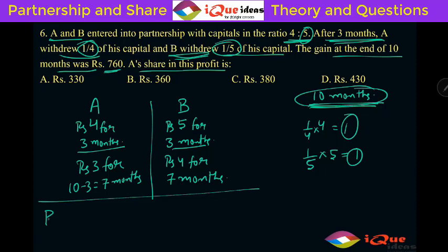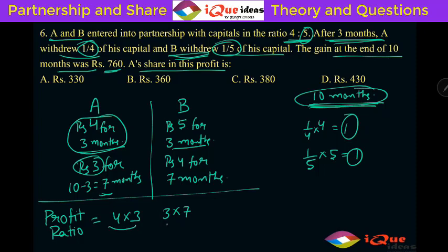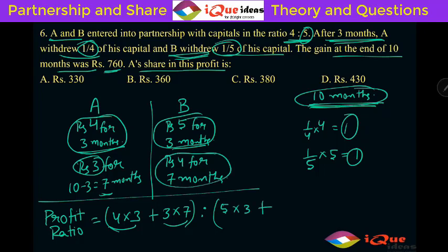Now how do we go about it? How do we calculate profit ratio? Now we remember that the profit ratio is calculated by the product of time and investment. Here this 4 rupees is for 3 months, so multiply 4 and 3. Then this 3 rupees is for 7 months, so multiply 3 and 7. And both these things will contribute to the profit of A, so they will be added. So this is the total profit contribution of A. Similarly, the total profit contribution of B will be 5 rupees for 3 months, so 5 into 3, plus 4 rupees for 7 months, so it is 4 into 7, right?